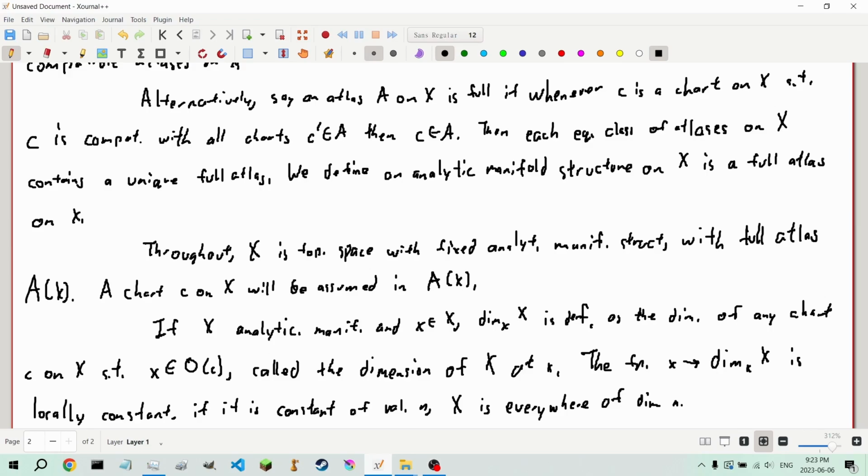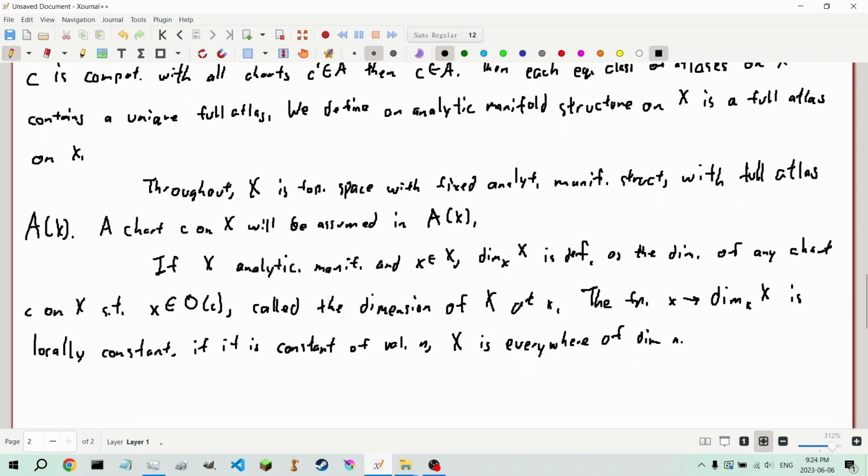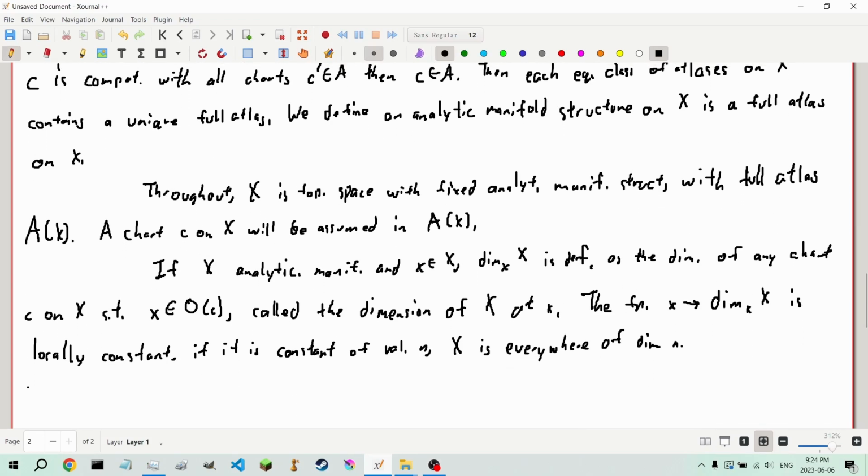So lots of little chapters here, that's kind of good, makes it easier to pace out. Next up we have the topological properties of manifolds.